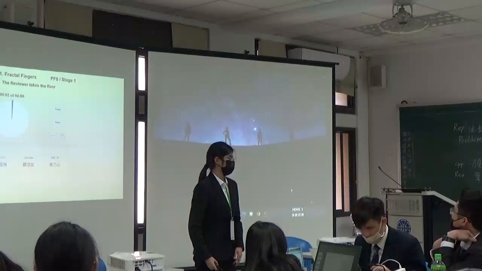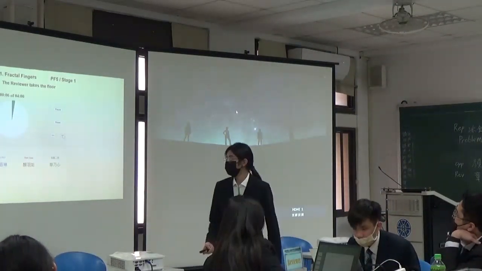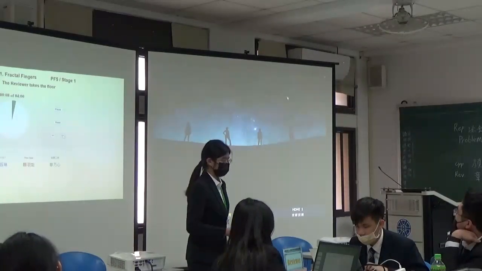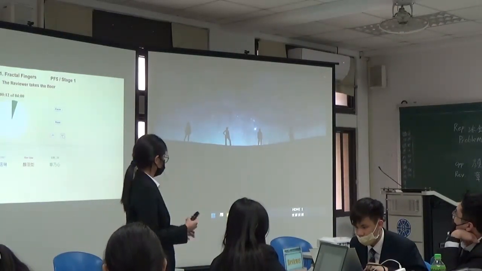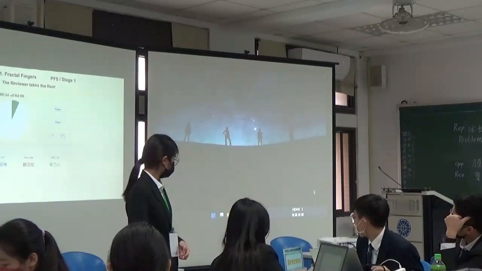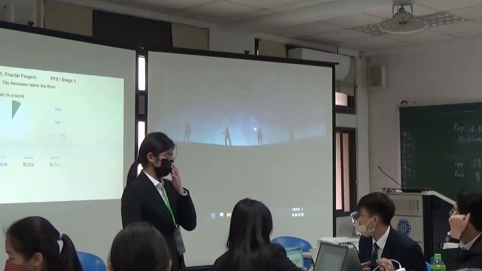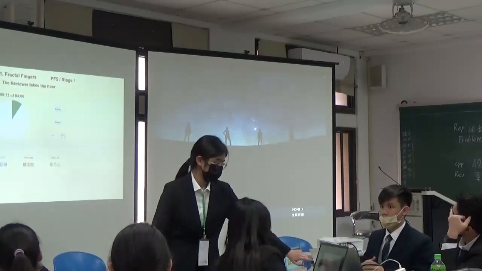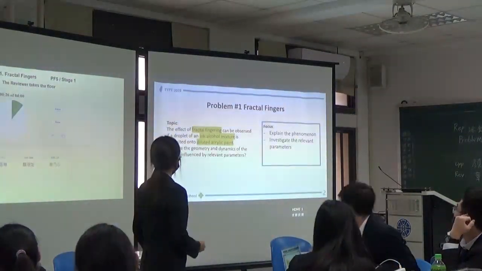Honorable judges and worthy competitors, I'm the reviewer from Uyghur Day. And today I'm going to present problem number 1, fractal fingers. Our focus is to explain the phenomenon and investigate the relevant parameters.